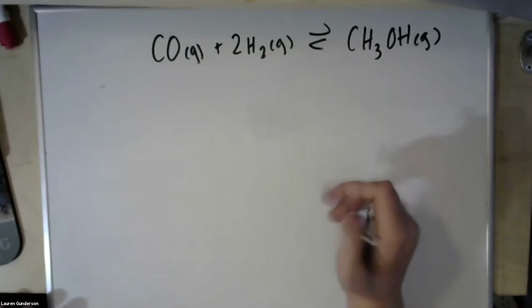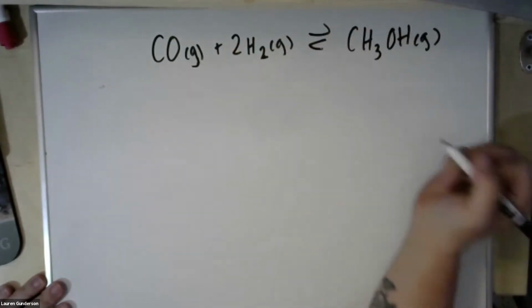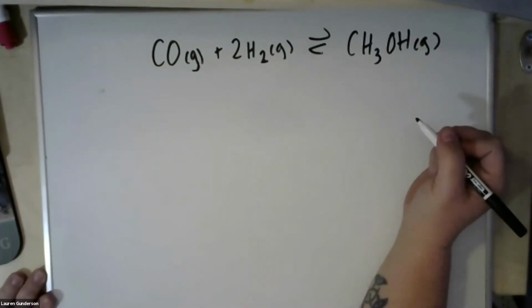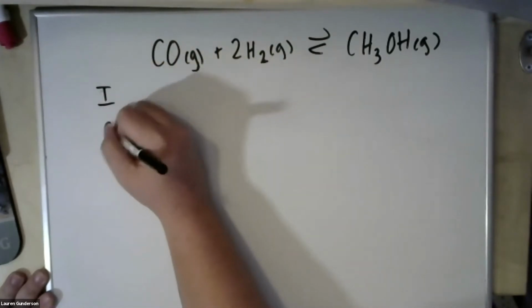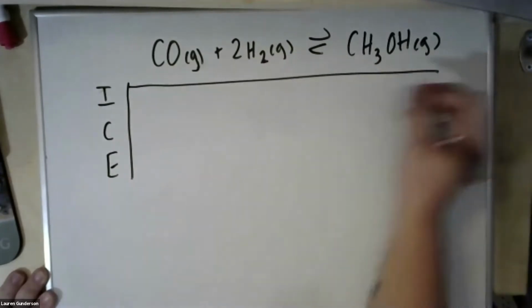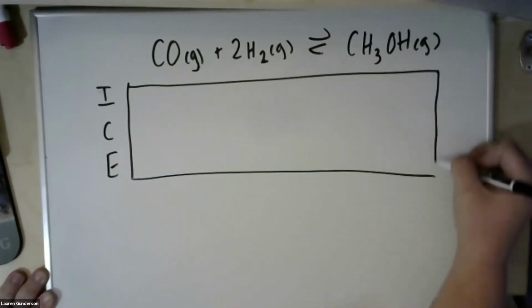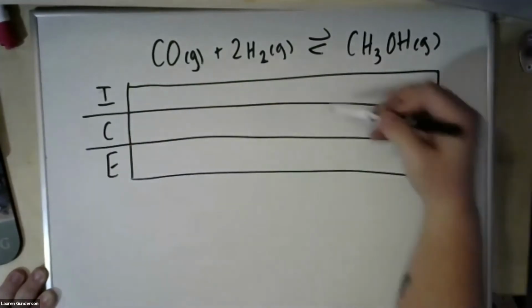We're going to carry this reaction out at a different temperature now, so our K value is going to change. And this time we have initial concentrations. Sorry, I have to make my ice table first so I can fill this in. I always make my ice table right underneath my equation, because then it's already labeled for me.